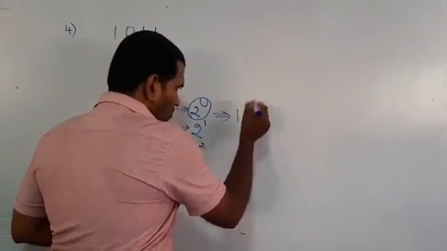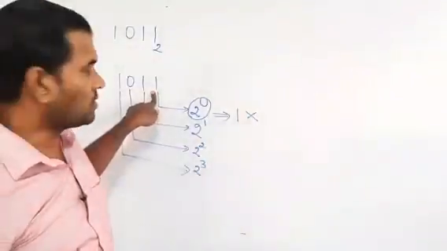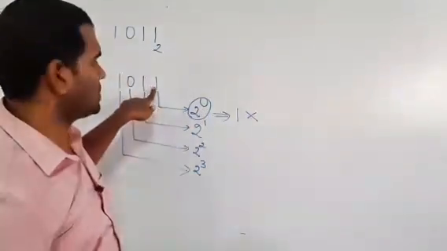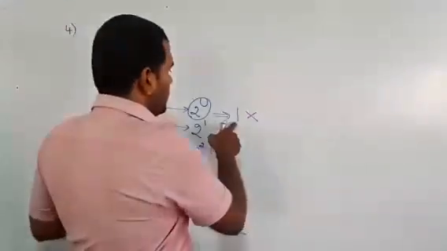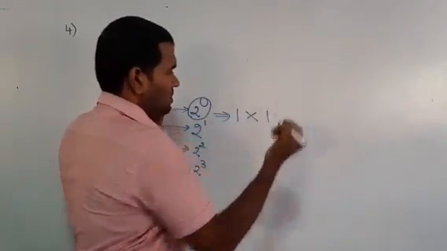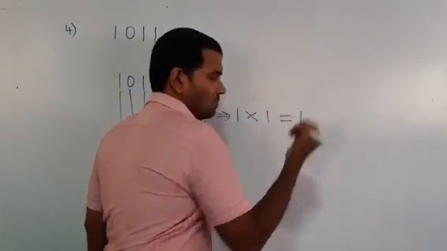That must be multiplied with this particular digit, because you mentioned 2 to the power 0 as the position of this one. After finding this value, you must multiply with that digit. So it is 1 times 1, which is 1.